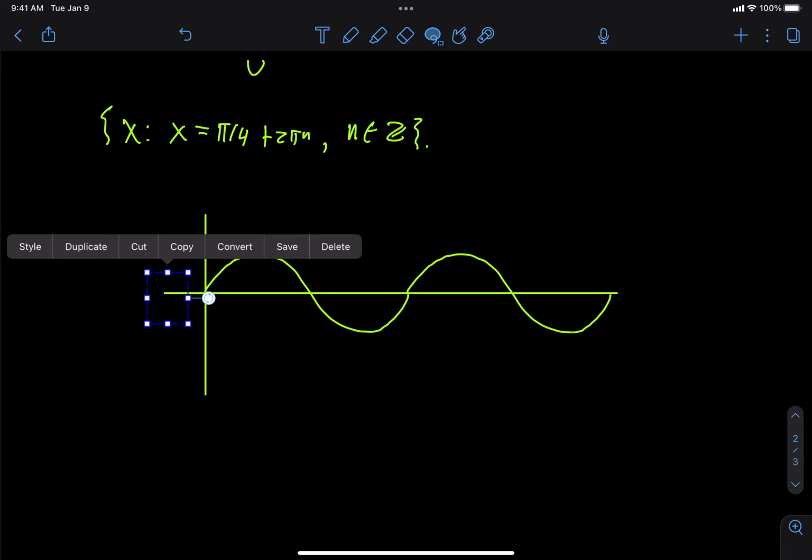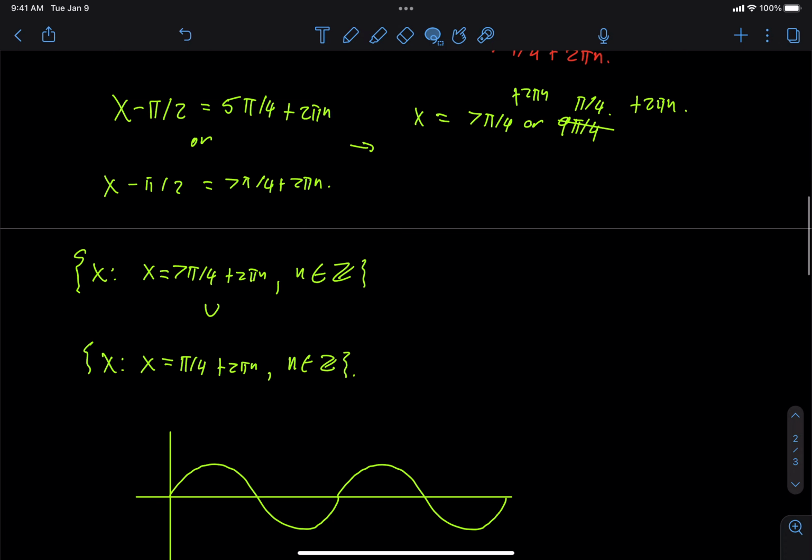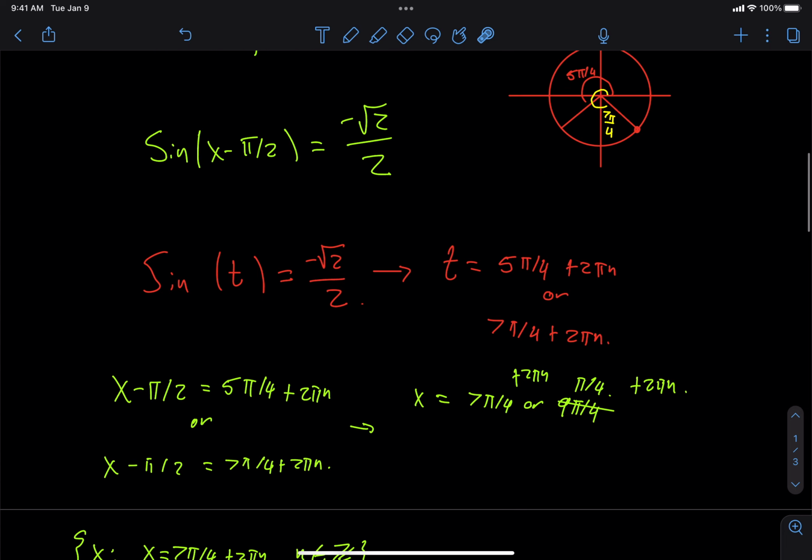Okay, so let me show you what's going on here. Sine of x minus pi over 2. It's the graph of sine, but we're moving it to the right by pi over 2 units.